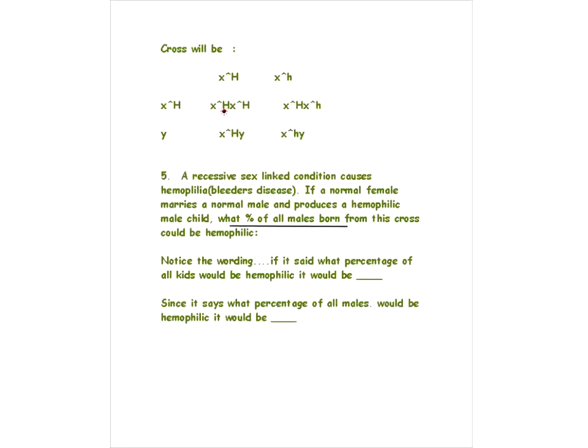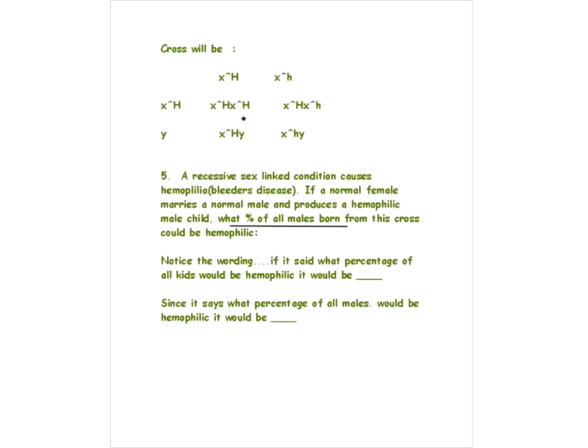No. This is a female child, and it's got both dominant genes, can't be hemophilic. This girl would also be normal because it's got the dominant normal gene. This male has the normal gene, so he's not going to have hemophilia, but this one would.